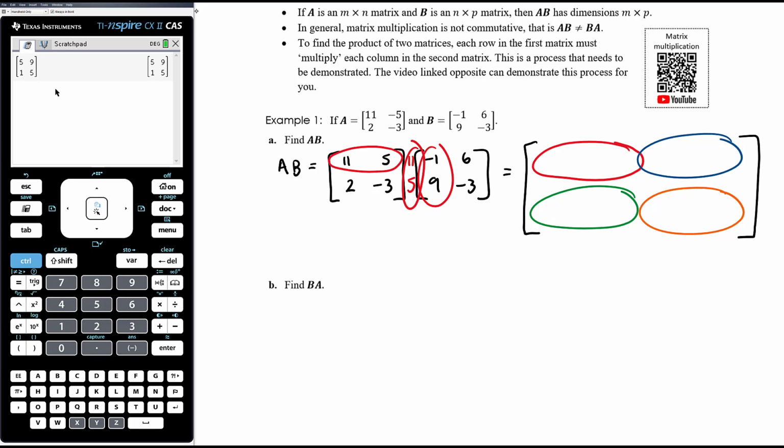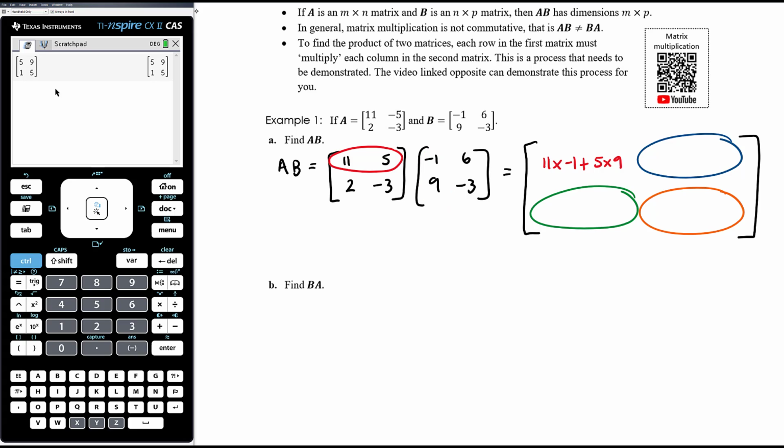That's what I kind of see happening in my head. And then I'm going to multiply together these two numbers and add it together with the product of these two numbers. Okay, so it is going to be 11 times negative 1 plus 5 times 9. That's the number that's going to go in the top left. Okay, alright, let me see if I can erase that. Let's put that back.